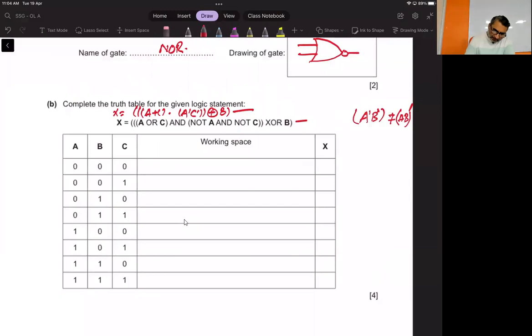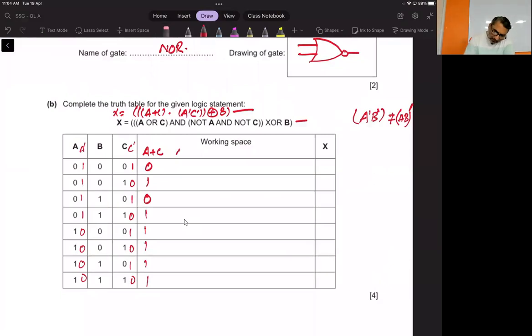Now let us start with A plus C. A plus C means we have to look into A and C, and if there is only one, we write 1. Then we have A naught and C naught. A naught is 1, 1, 1, 1, 0, 0, 0, 0. C naught is 1, 0, 1, 0, 1, 0, 1, 0.